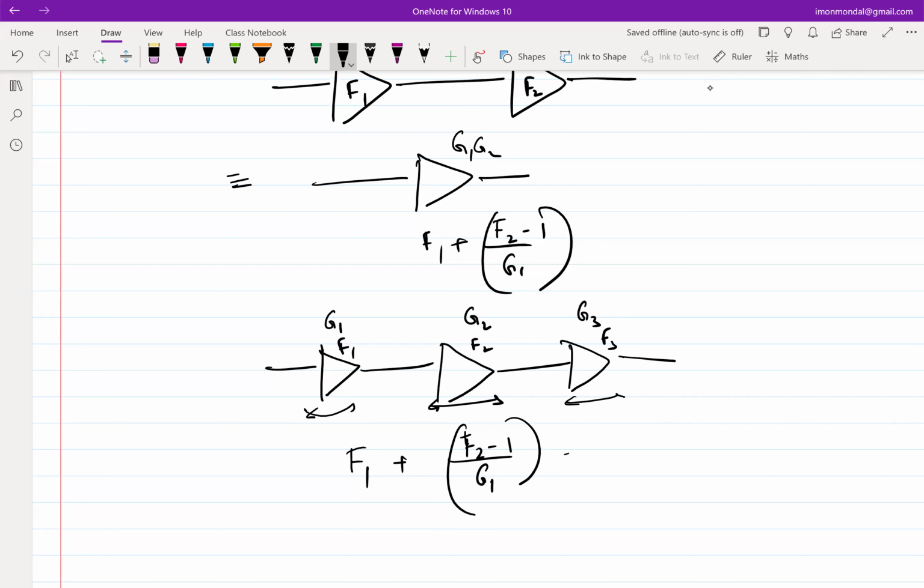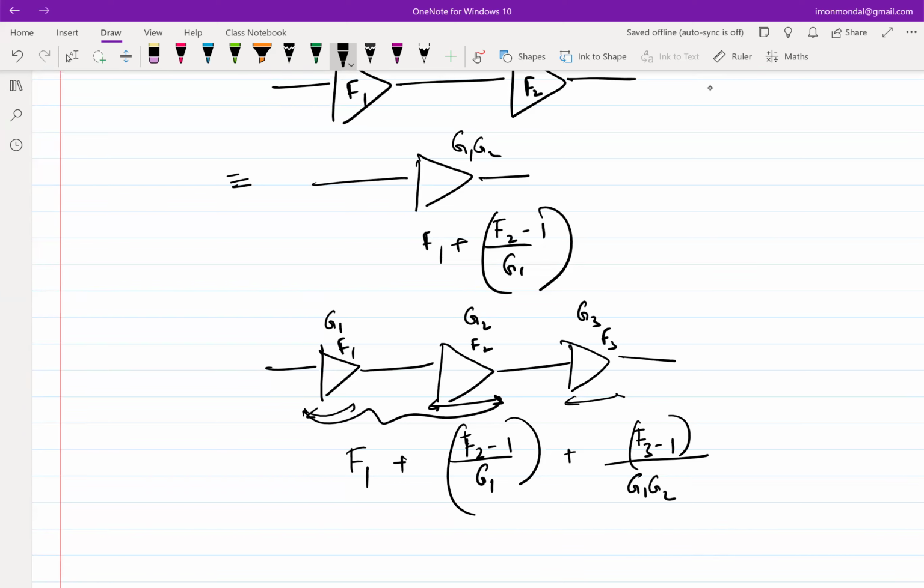The noise factor of this gets divided by the gain of all the stages preceding it, that is G1, G2. So the noise factors of the subsequent stages don't really play any part as long as the earlier stages give sufficient gain. Alternatively, I can design the subsequent stages without paying enough attention to noise as long as the previous stages give sufficient gain.